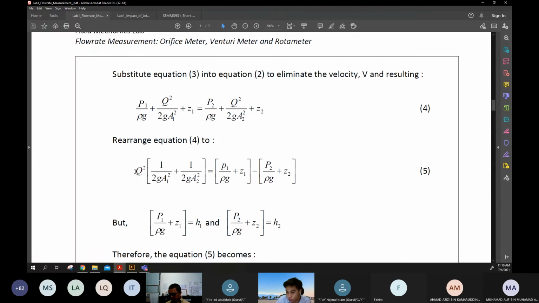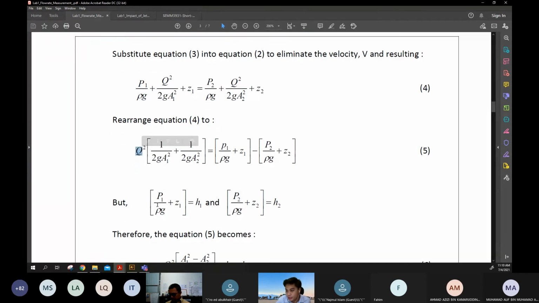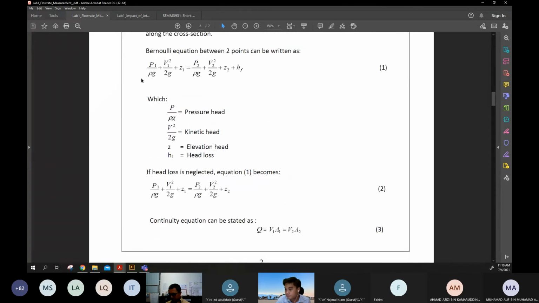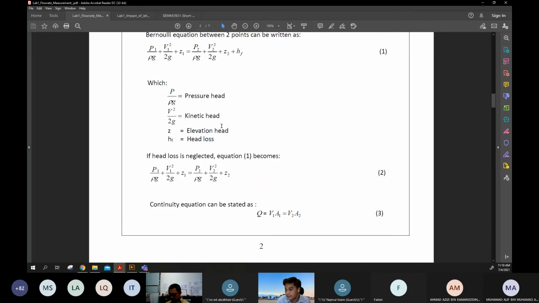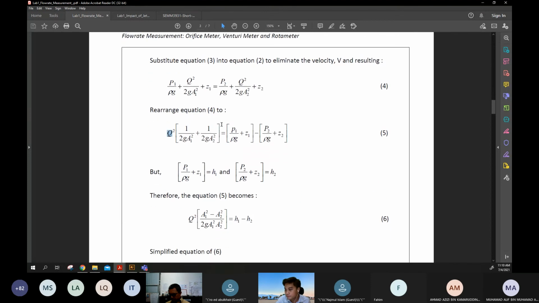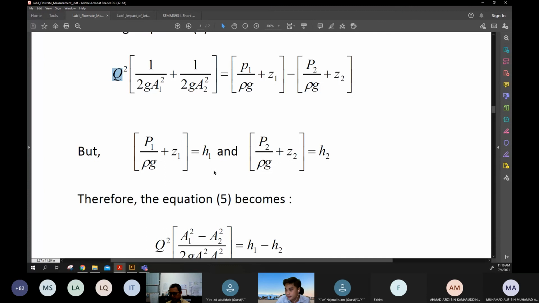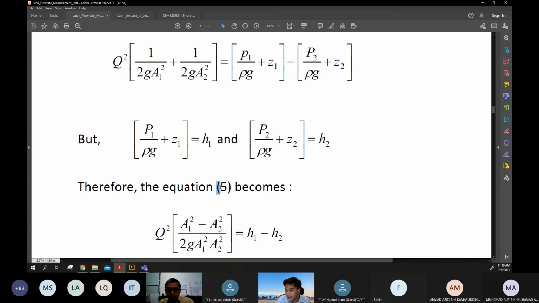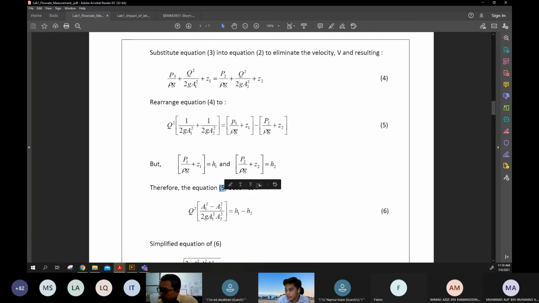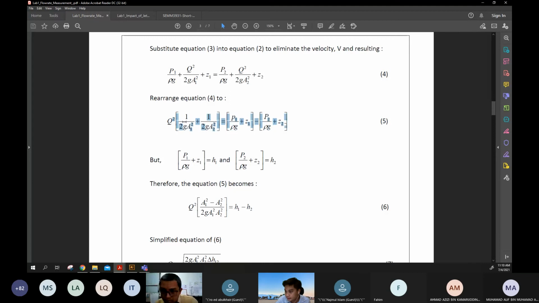Can you see Q squared? Then we realize that the pressure head and the elevation head are related to the elevation, due to the potential energy. Therefore equation 5 becomes this.